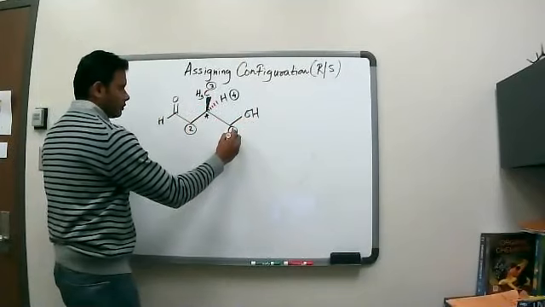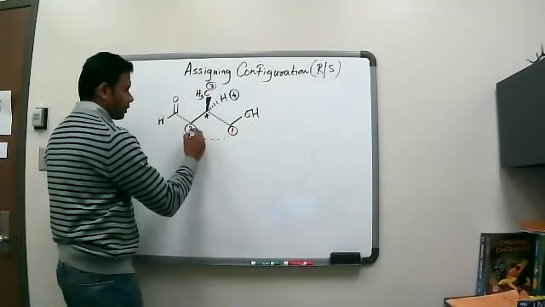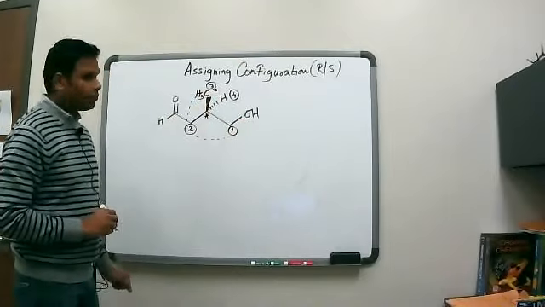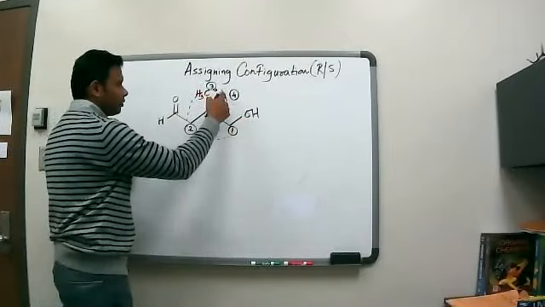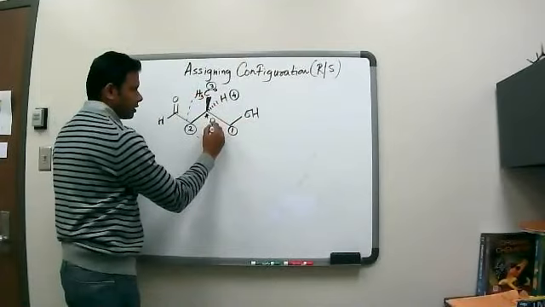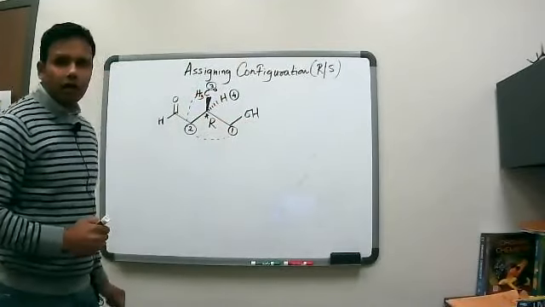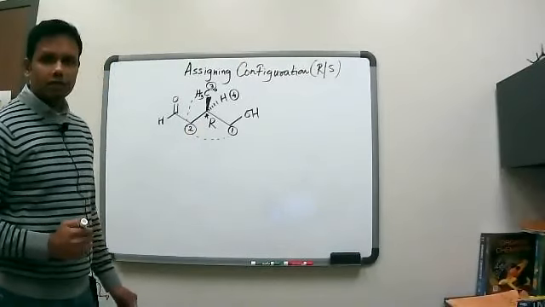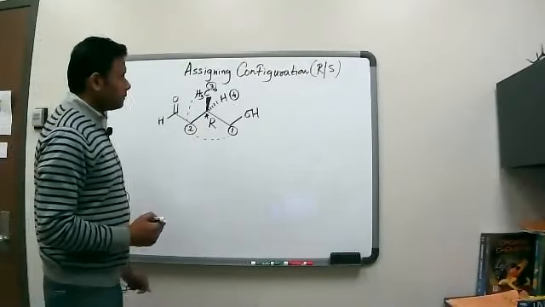In going from the atom with the highest priority to the lowest priority, we are moving clockwise. So this chiral center is of the R configuration. The configuration around that chiral center is R.